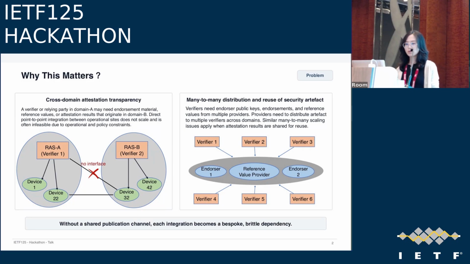Our goal is to provide a public or publication mechanism to solve this problem, where those attestation artifacts such as endorsements or reference values could be published, distributed, and reused in an efficient way.